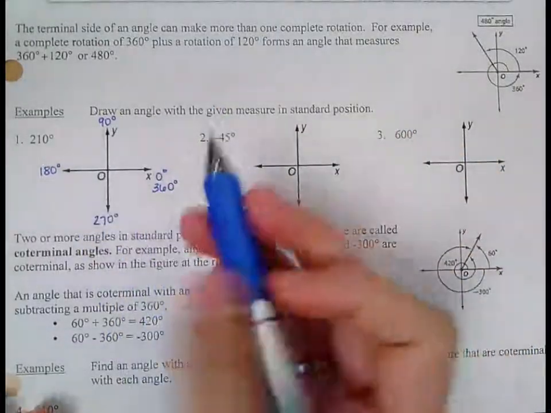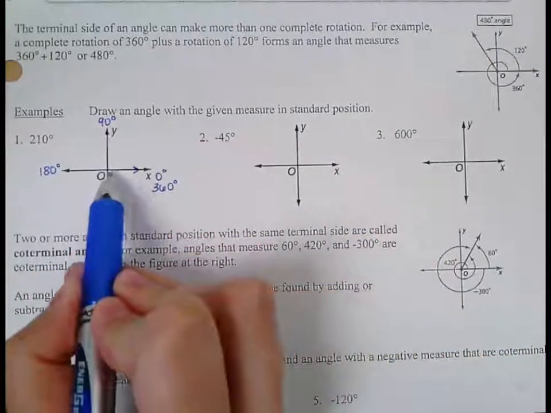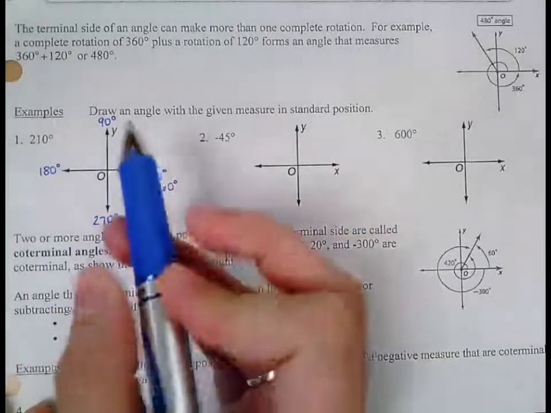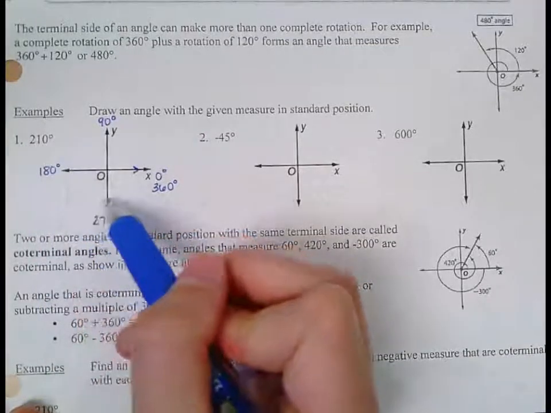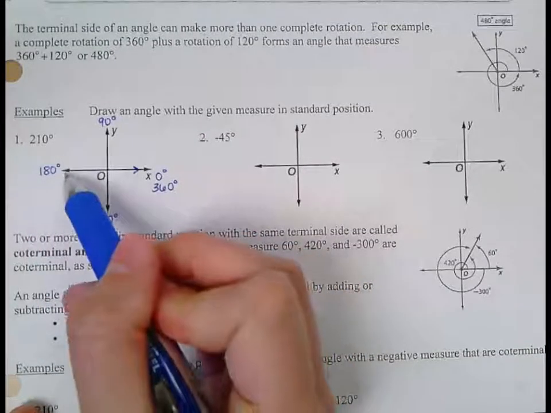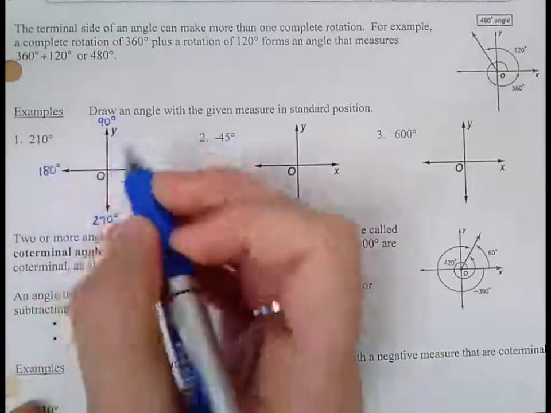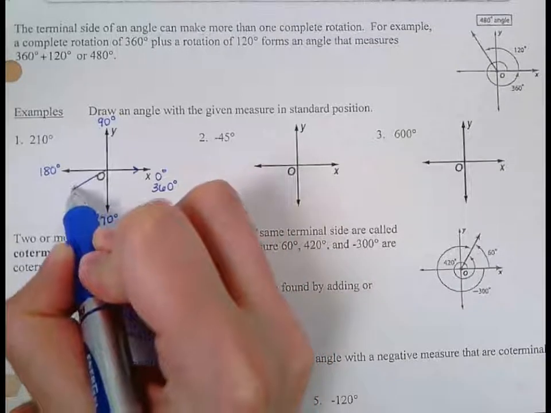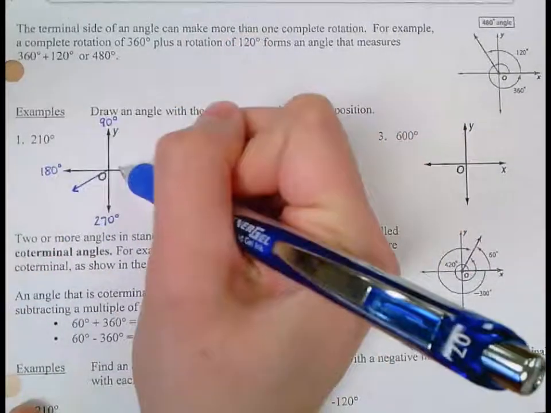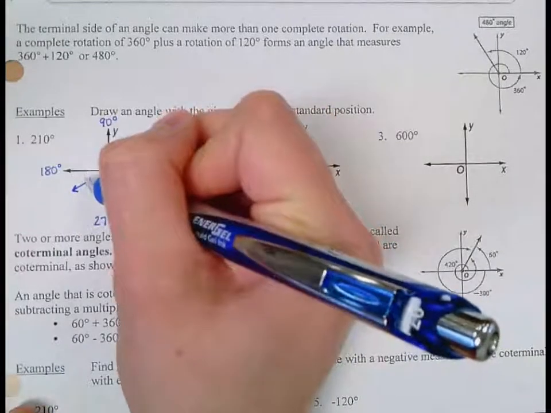So I know I'm starting on the positive x-axis. I'm just going to sketch in my initial side. And I know 210 is between 180 and 270, so it would be about 30 degrees past 180. So the terminal side is going to end up being about here. And then you actually want to draw in the path your terminal side is taking.